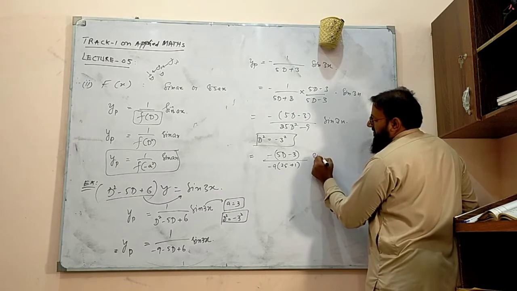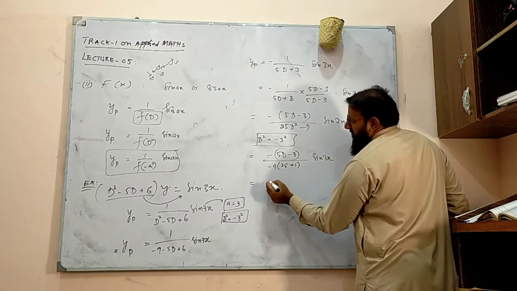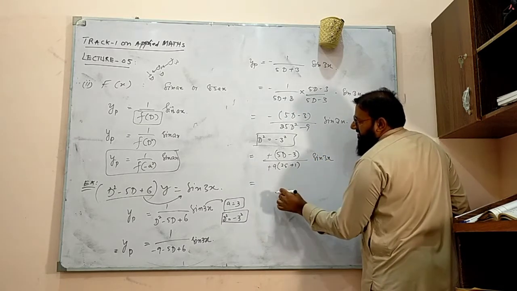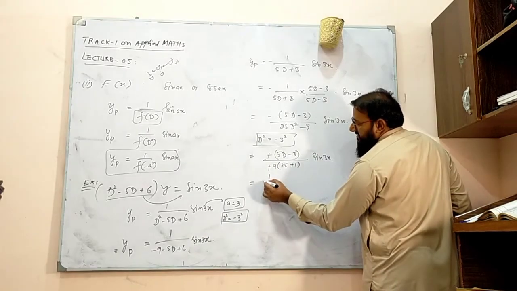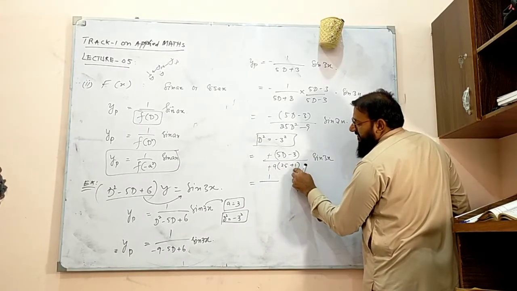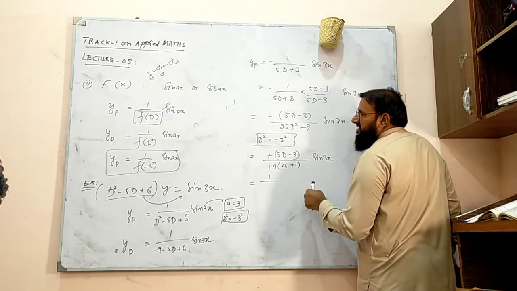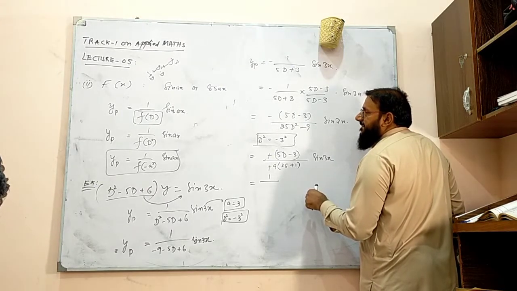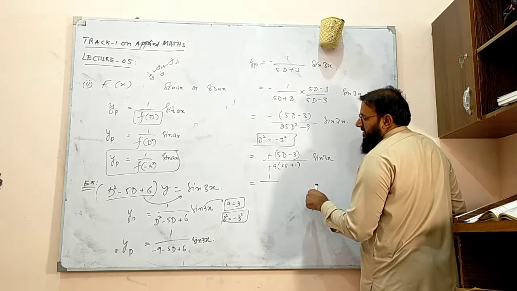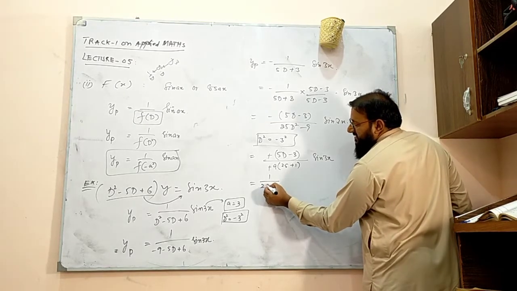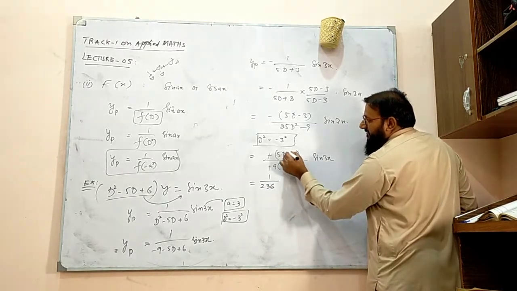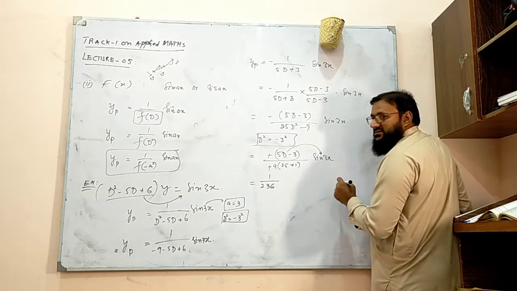Is it okay? Minus can be cancelled out and this is 1 over whatever this number is, 25 plus 1, 26. 26 times 9 is 234. Then you apply 5d minus 3 on sin 3x.